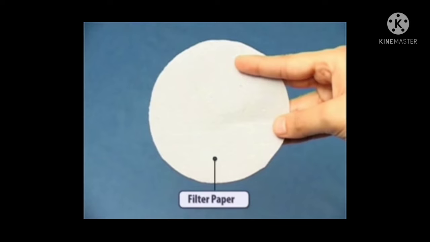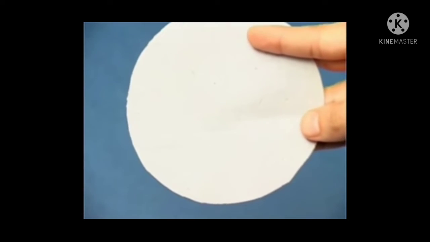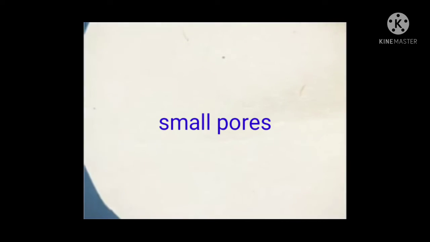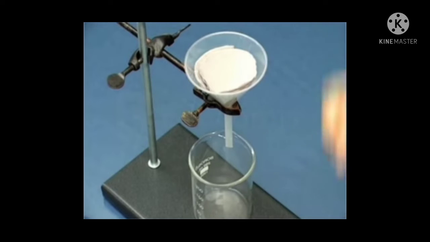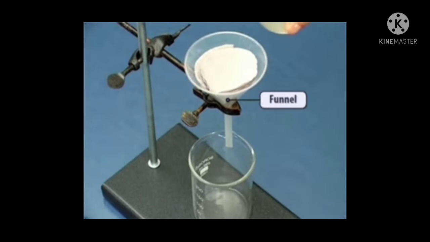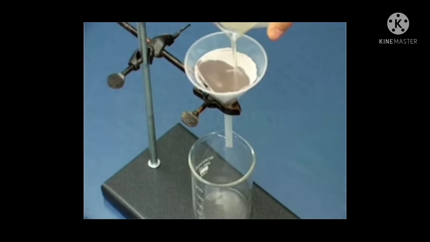A filter paper can separate the fine particles of the mud from the water. A filter paper has smaller pores than cloth and hence can be used for this purpose. Place the filter paper in the funnel and pour the water obtained after filtration with cloth.